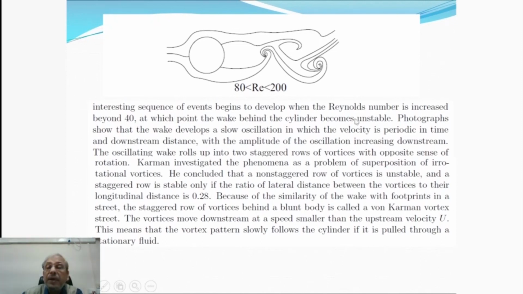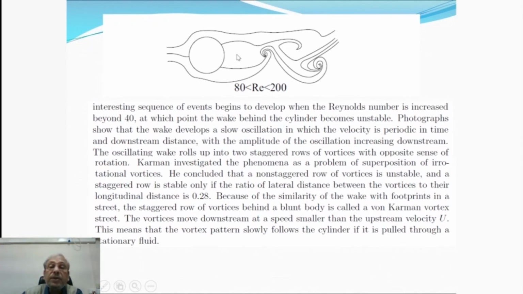begins to develop when the Reynolds number is increased beyond 40, at which point the wake behind the cylinder becomes unstable. Photographs show that the wake develops a slow oscillation in which the velocity is periodic in the downstream distance.